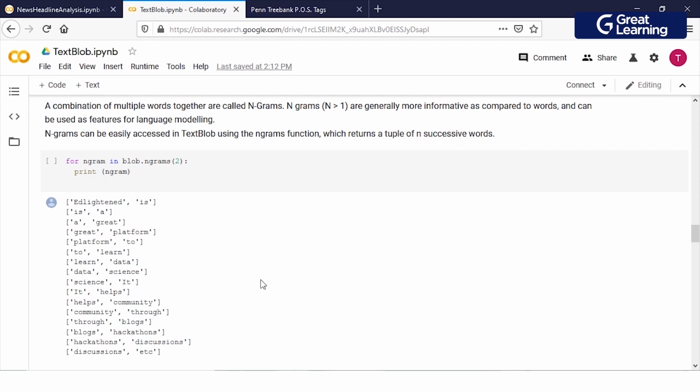This is n-gram 2. So now the n-gram 2 is going to be, this is a book. I could have made it into 3 also. You could have done that also. So that is what it is here. I gave the command for 2, so it made it into 2. Enlightened is a great platform like that.